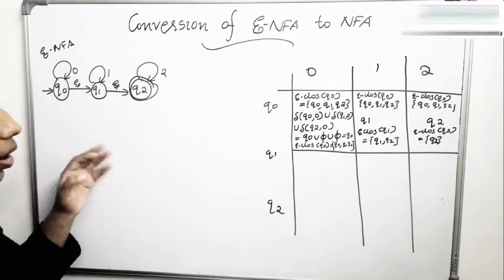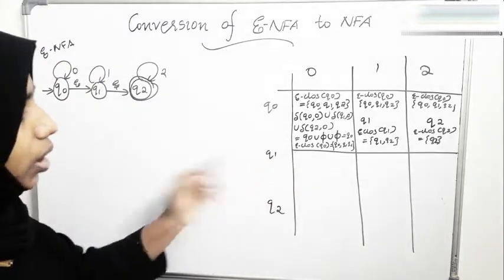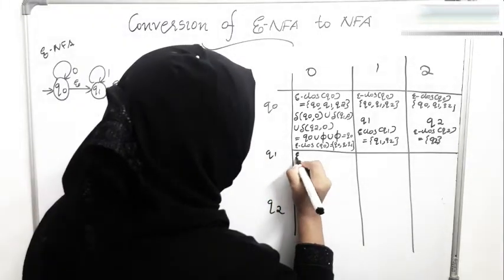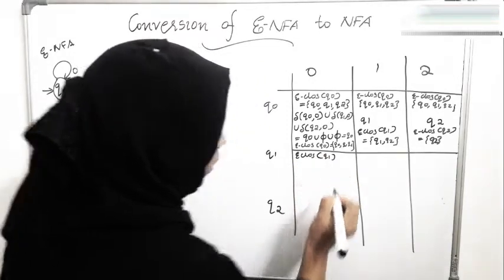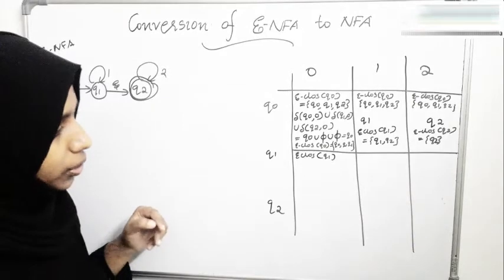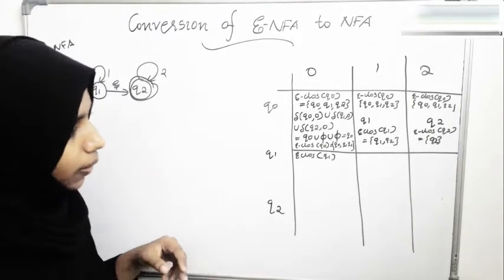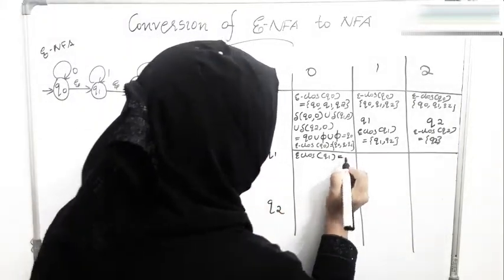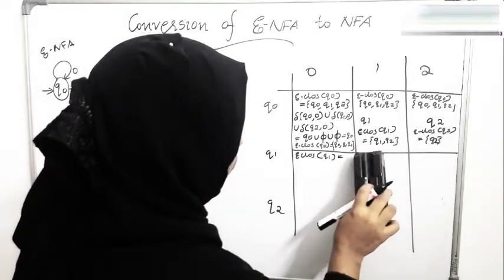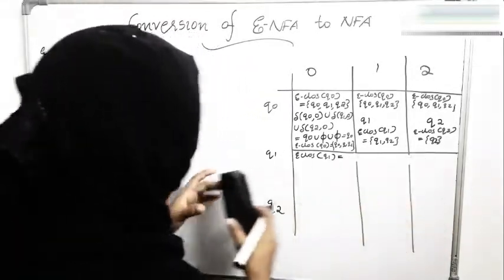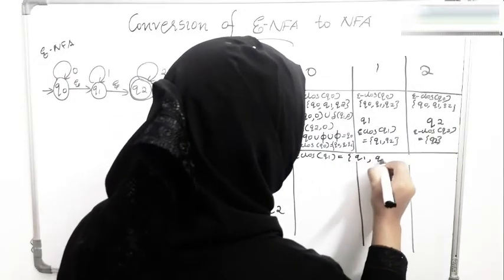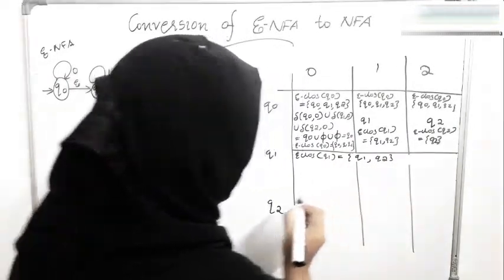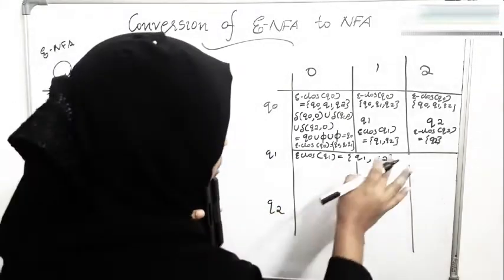Now similarly for Q1. E close of Q1 is equal to, from Q1 you can reach Q1 and then you can reach Q2, so E close of Q1 is Q1, Q2.